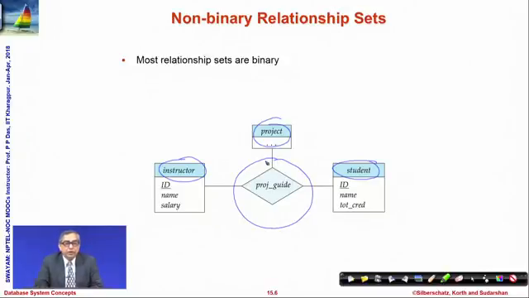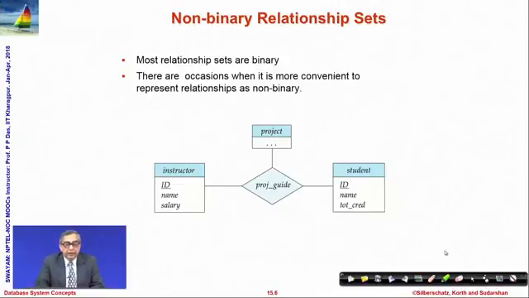All 3 together define this relationship. In such cases, we can represent it conveniently in the ER model as a non-binary relationship. In an ER diagram, this is called a ternary relationship.